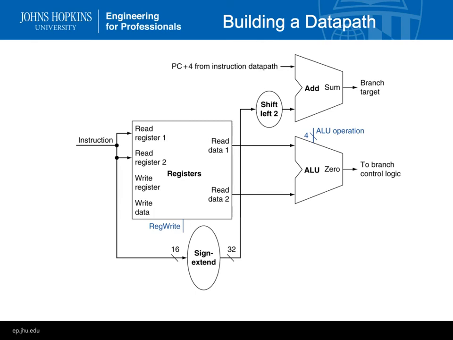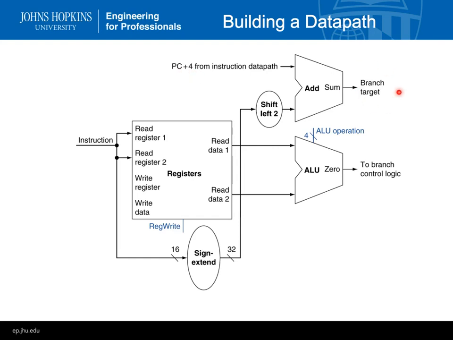So in this operation, which still isn't quite complete yet, on a branch we take the lower 16 bits, send them to the sign extend unit, turn it into 32 bits, multiply it by 4 to get the number of bytes, and then add that to the current program counter + 4, because that's actually how it works.